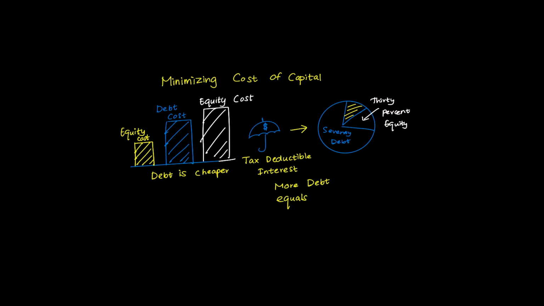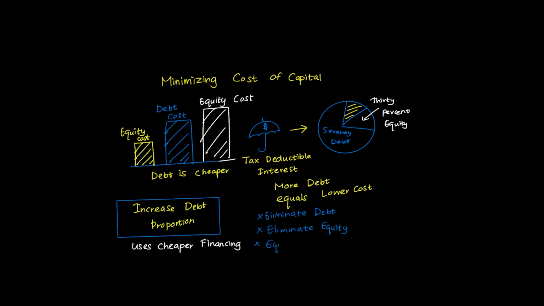The optimal structure isn't to eliminate all debt, which would mean using only expensive equity. It's not to eliminate all equity, which is impossible and creates extreme risk. And it's not necessarily a 50-50 split. The optimal structure typically involves more debt than equity, taking advantage of debt's lower cost while managing risk.